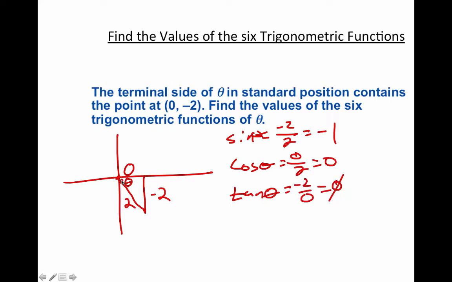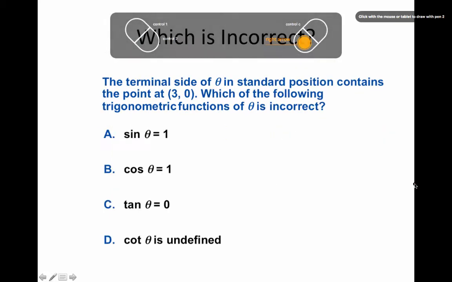Okay, so can you really go 0 units to the right? Absolutely not. But you can trick yourself into opposite, adjacent, and hypotenuse and make this go. And then when we flip these over, you get your cosecant, your secant, and your cotangent. Let's try another one of those.